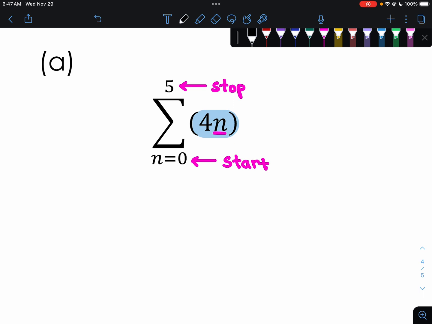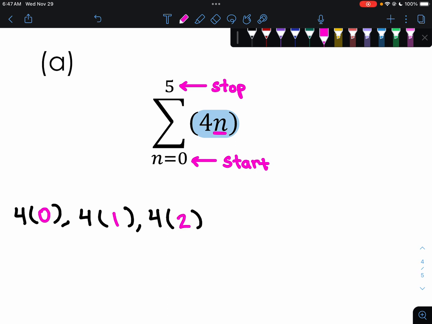So what this looks like is we're going to have 4 times 0. Then we have 4 times 1. And then we have 4 times 2. 4 times 3. 4 times 4.